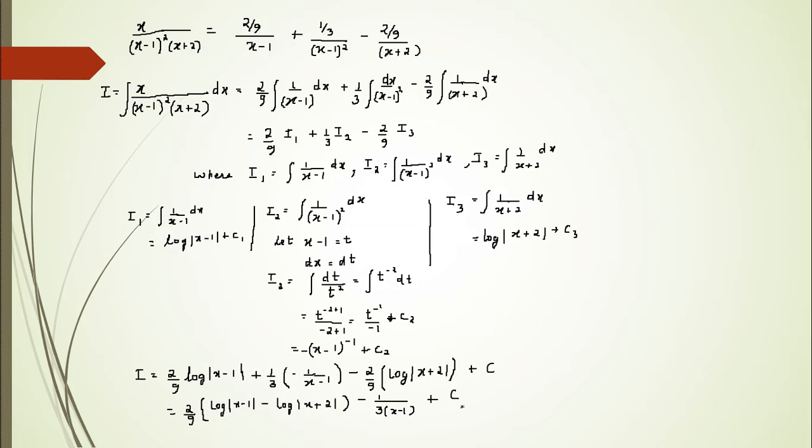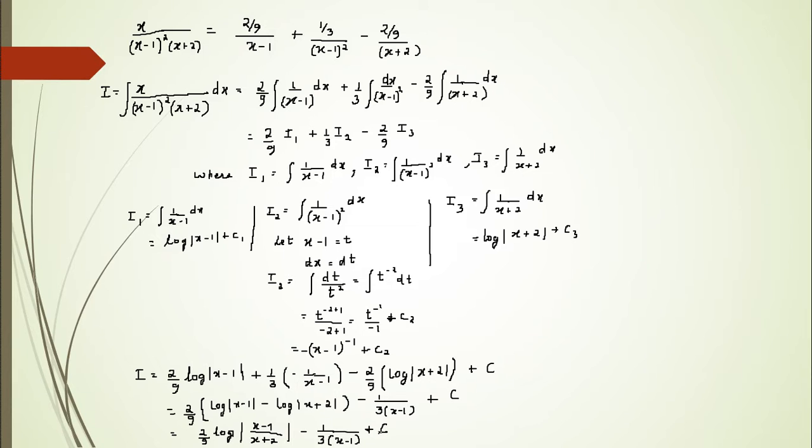So this will be equal to 2 by 9. Now log of x minus 1 minus log of x plus 2 can be written as log of x minus 1 by x plus 2, minus 1 by 3 into x minus 1 plus c.